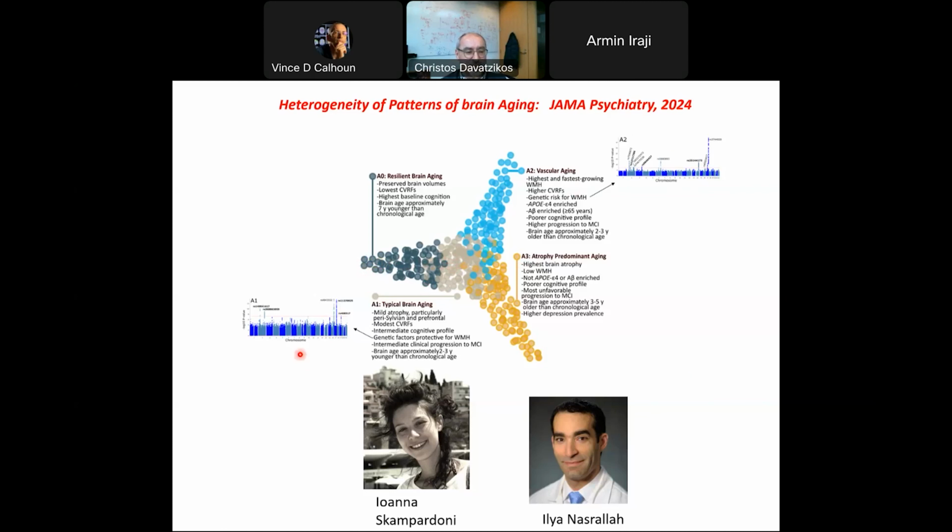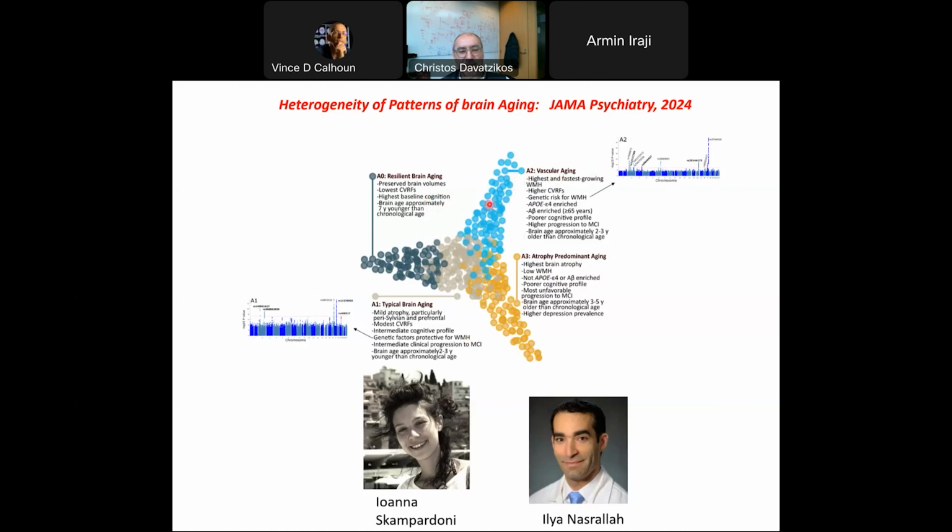Resilient aging is associated with genetics that are protective for cardiovascular disease. People with resilient aging also have low levels of cardiometabolic risk factors. They have brain age that is approximately 5 years younger than their chronological age. And then after some point, there seems to be a divergence into two different types of patterns. One of them we call vascular aging, but actually it's a combination of both vascular and AD factors.